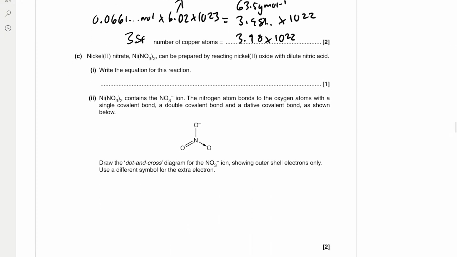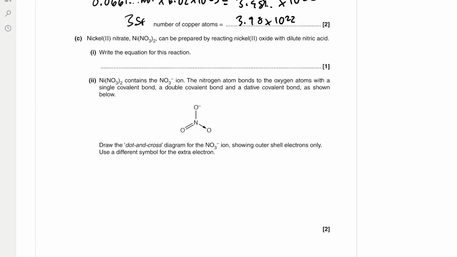And then part C. Nickel(II) nitrate, Ni(NO3)2, can be prepared by reacting nickel(II) oxide, which is going to have the formula NiO because oxygen has a 2- oxidation state, with dilute nitric acid. So these italics show the oxidation state of the nickel. They want us to write the equation for the reaction with dilute nitric acid of nickel(II) oxide. So that's NiO plus HNO3 goes to Ni(NO3)2 and H2O.